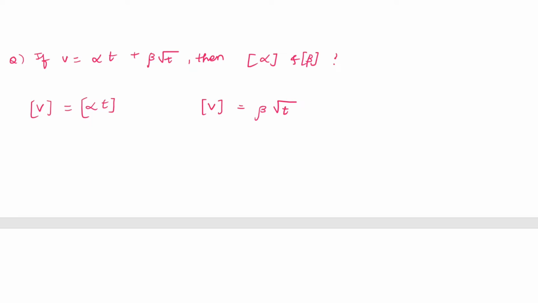So using this simple rule, we can say that the dimensions of velocity on the left hand side, and the dimensions of alpha t and beta root t should all be the same.